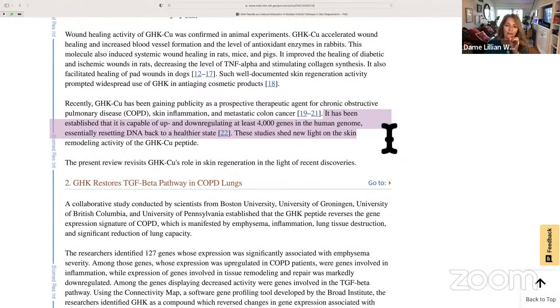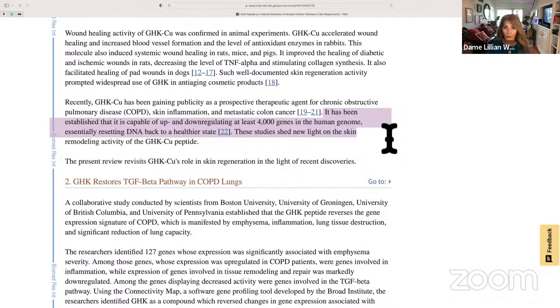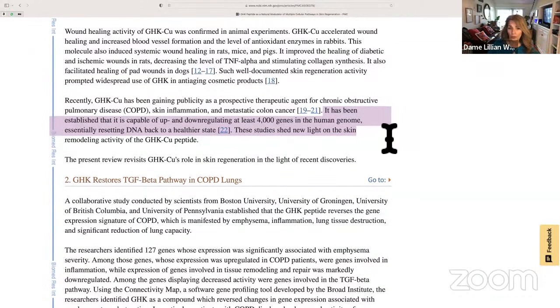So here it basically gives public notice that it has been established, it's confirmed, that GHK-Cu will either upregulate or downregulate, depending on your genetic expression from when you were originally conceived, a minimum of 4,000 genes in your human genome. So basically resetting your DNA back to a healthier state.